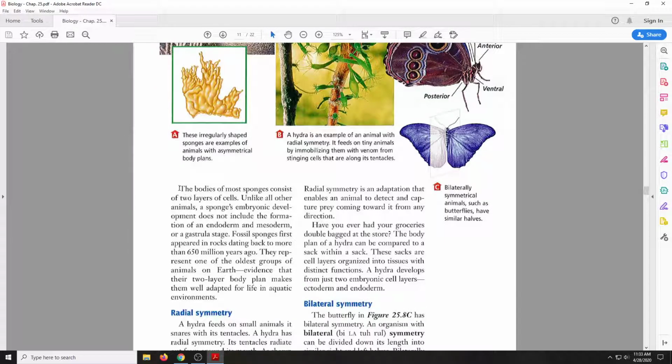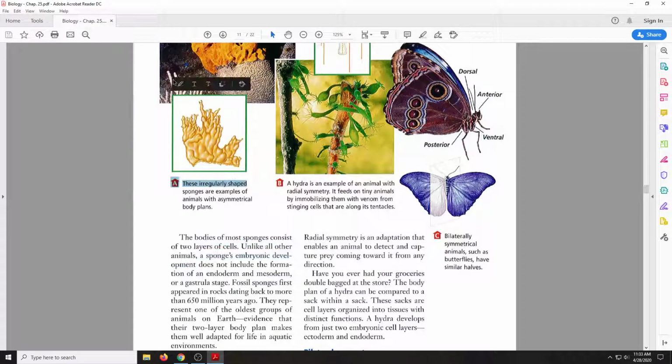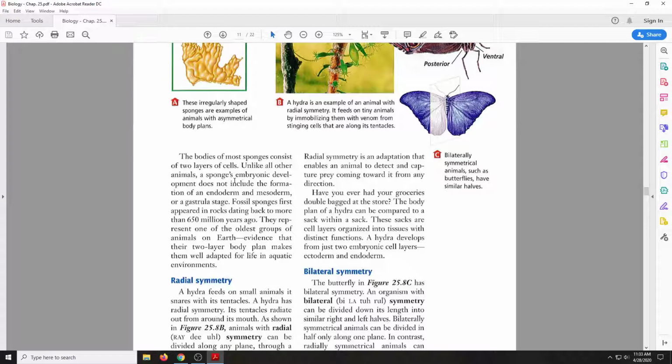One thing interesting about these sponges that we're looking at right here, they only actually consist of 2 layers of cells, and these are unique because they don't include the endoderm and the mesoderm, or the gastrula stage. So that stuff we learned last section does not apply to these sponges specifically. They are the only guys who don't have an endoderm and a mesoderm.